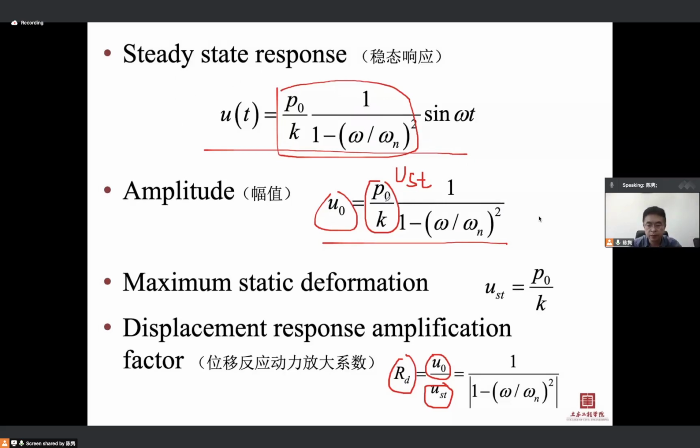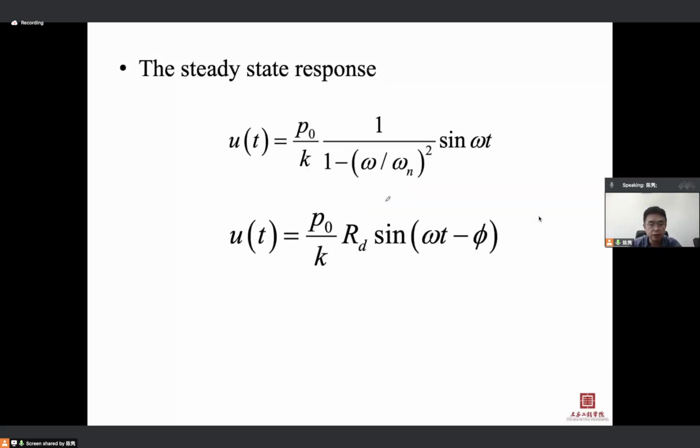So here comes the second important term today. This one we call the amplification factor for displacement. If we introduce this new symbol here, RD, because we have an absolute value here, to balance this we need a new phase angle here, the minus phi.